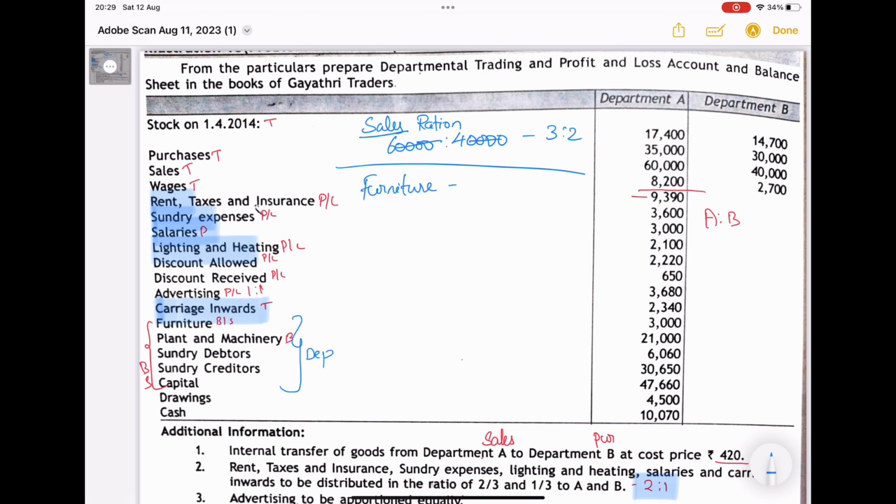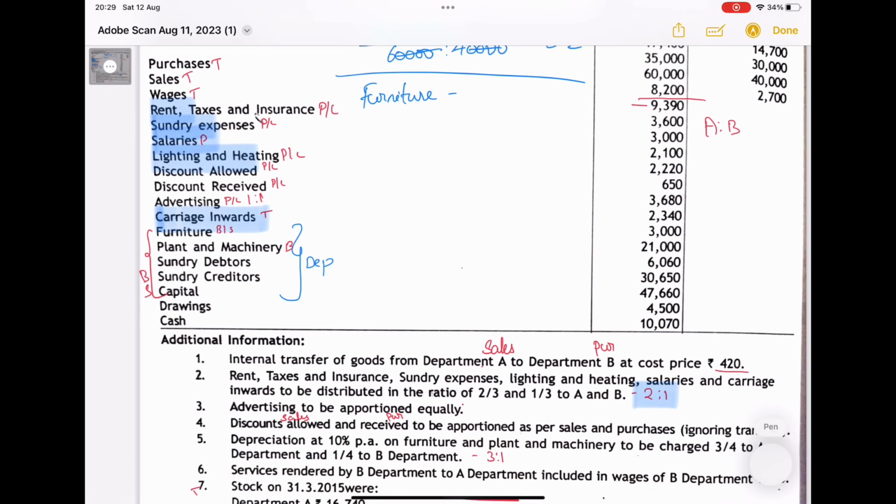They have mentioned depreciation at 10% on furniture and plant and machinery. Directly we are going to calculate 10%. For furniture, the value is 3,000. 3,000 into 10%, 300 is the depreciation value.